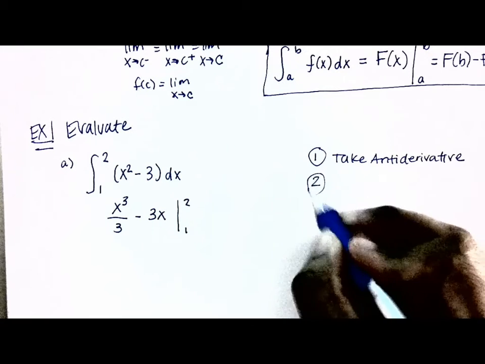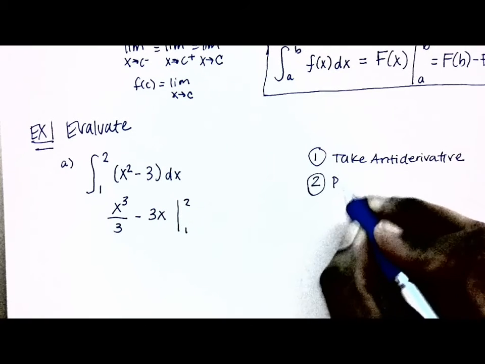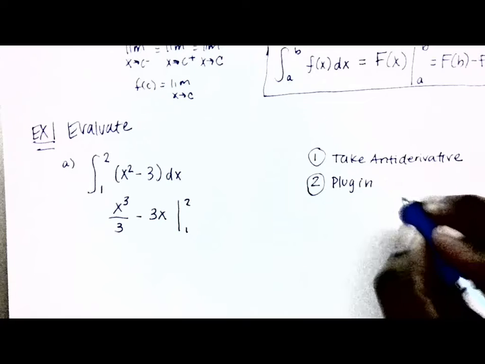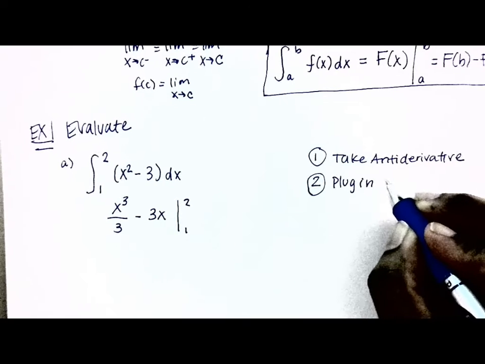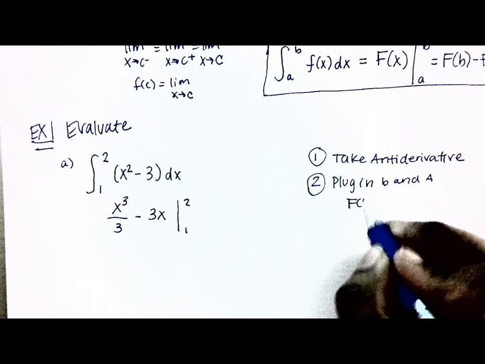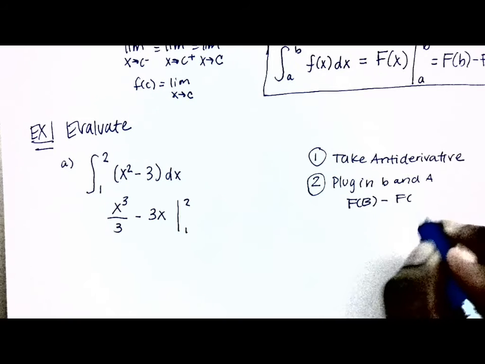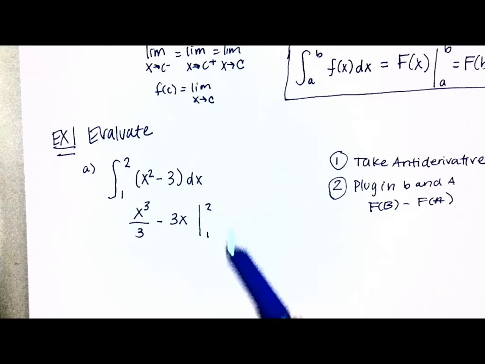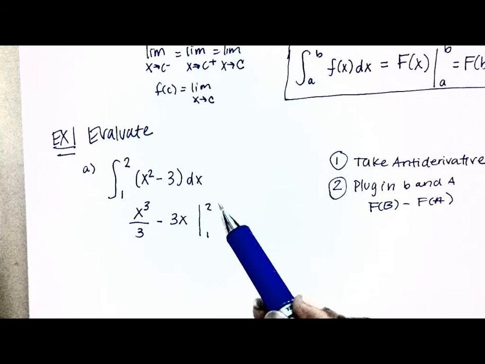So step 2, plug in b and a, and you want to do F of b minus F of a. So remember, this goes from a to b, so b is on top.